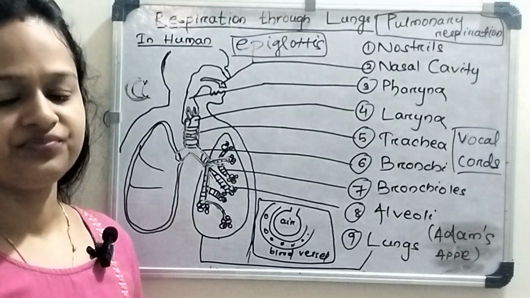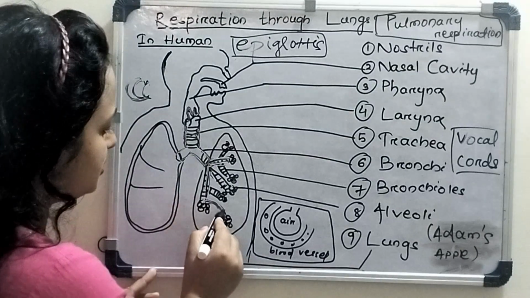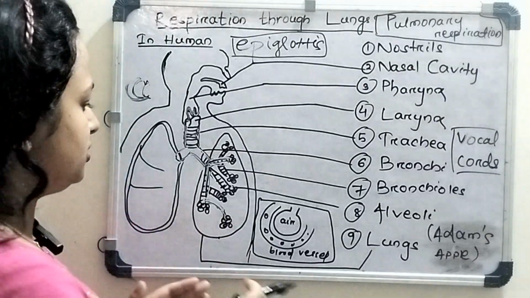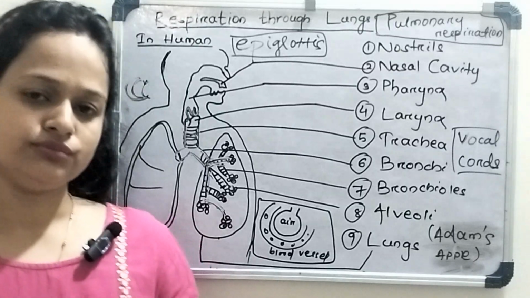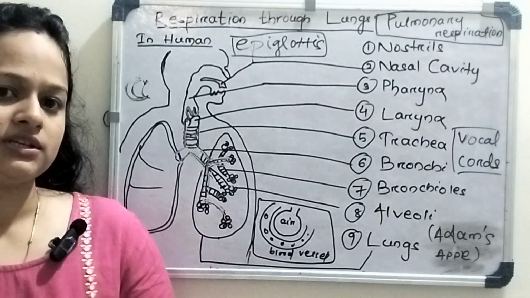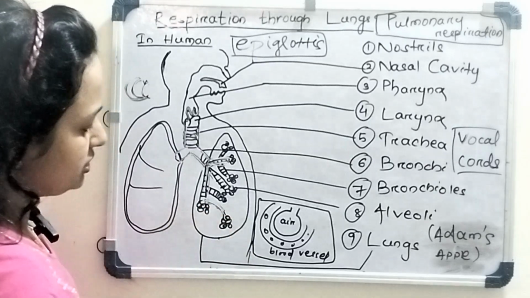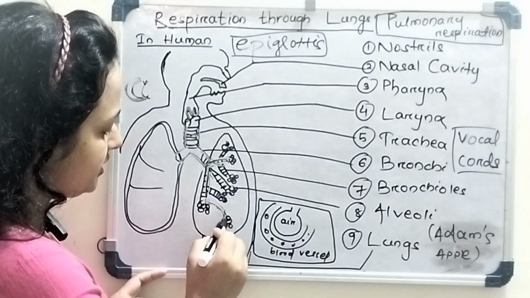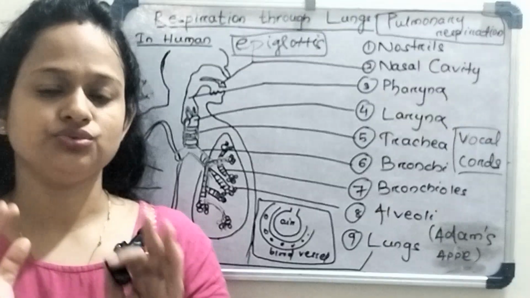The bronchioles again form secondary branches in both the left and right lungs, and these branches terminate at sacs known as alveoli.